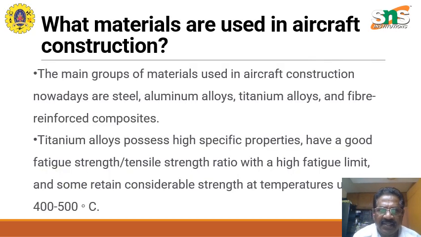What materials are used in aircraft construction? The main groups of materials used in aircraft construction are steel, of course, and then aluminum alloys, titanium alloys, and fiber reinforced composites. Titanium alloys possess high specific properties and have a good fatigue strength, tensile strength ratio with a high fatigue limit, and some retain considerable strength at temperatures up to 400 to 500 degrees Celsius.